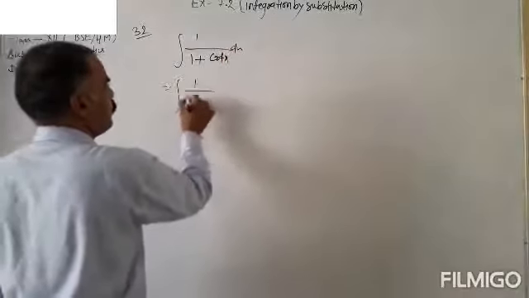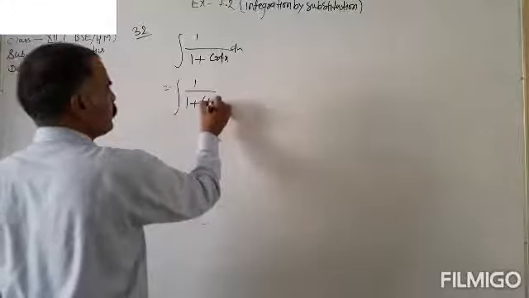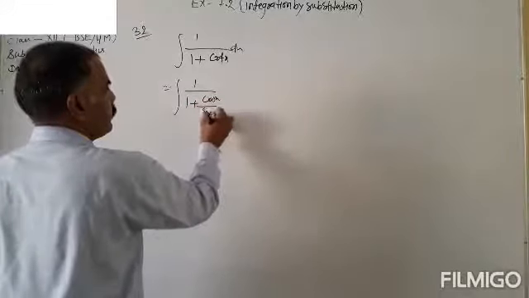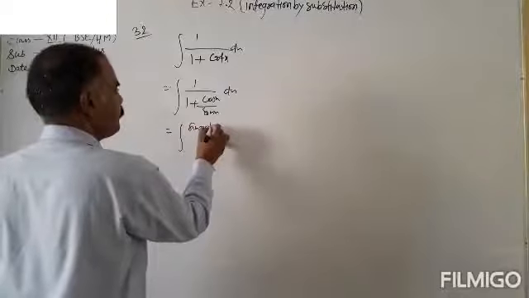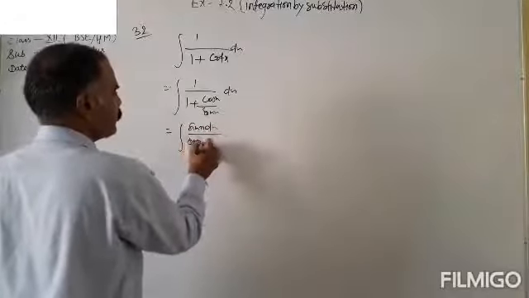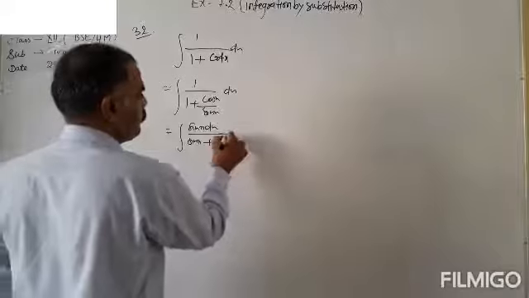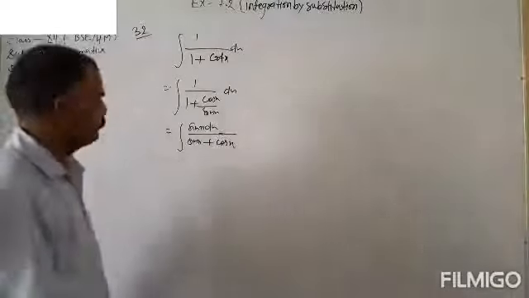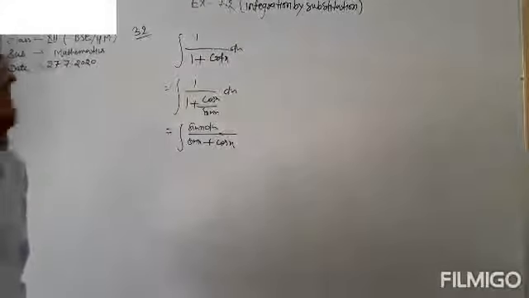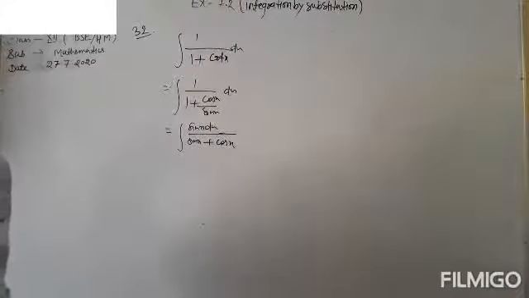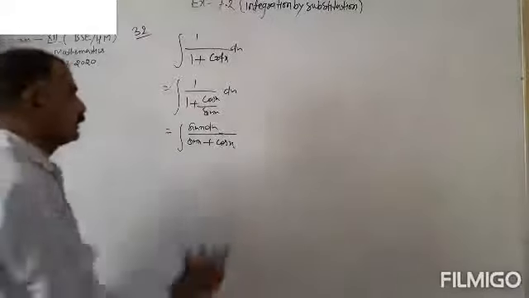So this is equal to 1 upon (1 plus cot x) dx. Cot x means cos x upon sin x. So this is equal to sin x dx upon (sin x plus cos x). Now what do we have to do? This question is like the one before.